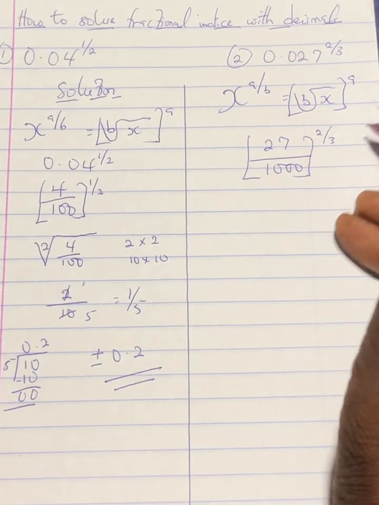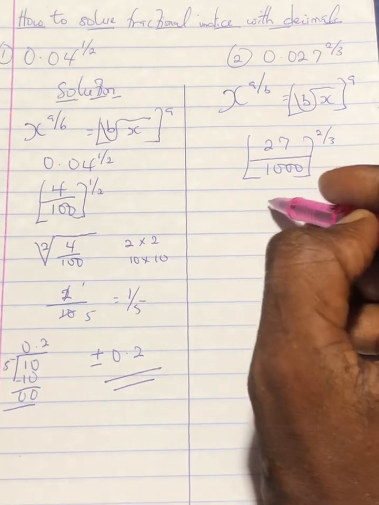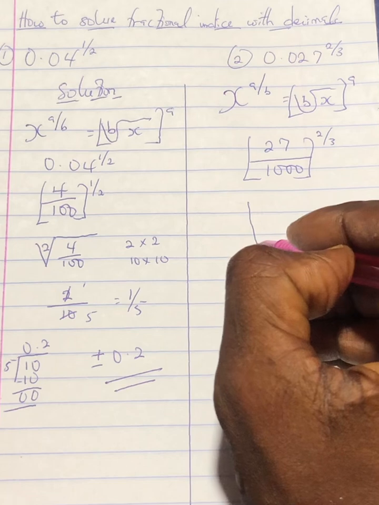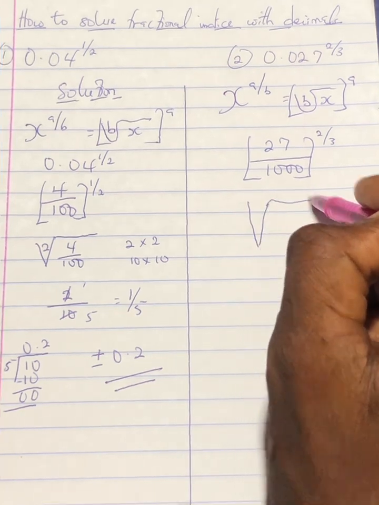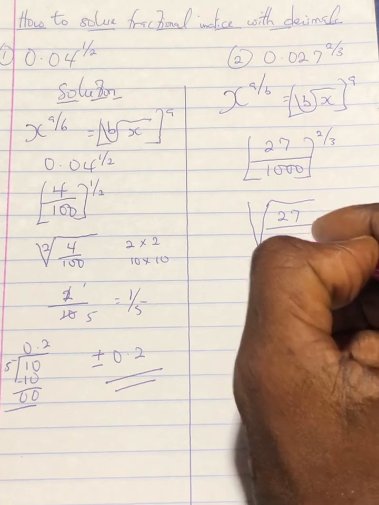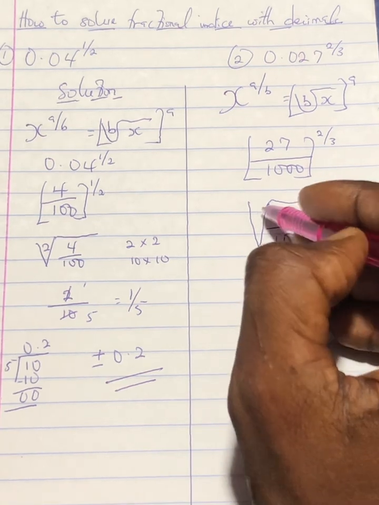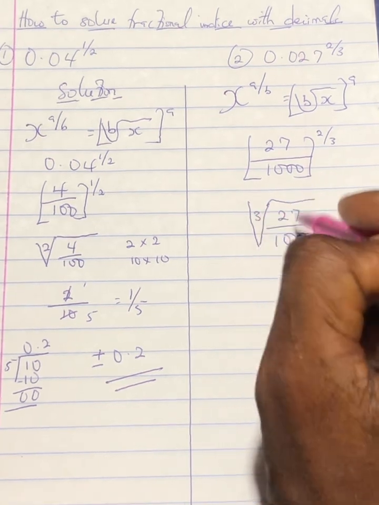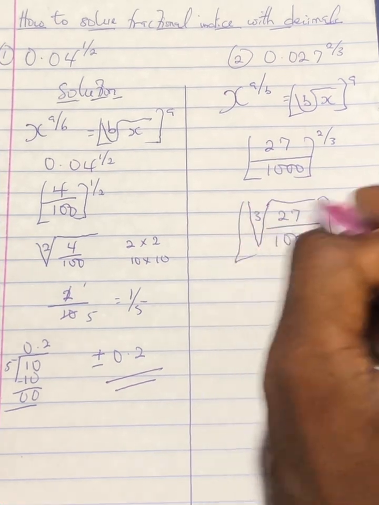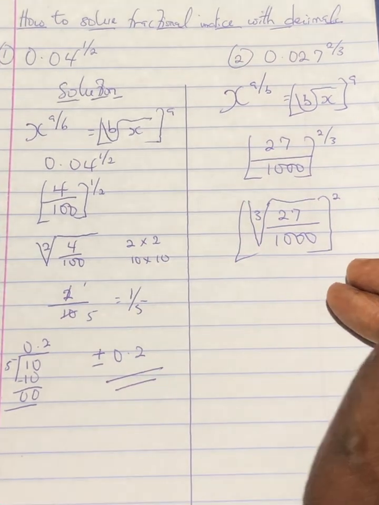Going by this rule or law, it becomes the cube root of 27 all over 1000. Then we have our 3 here, then we have our 2 here.